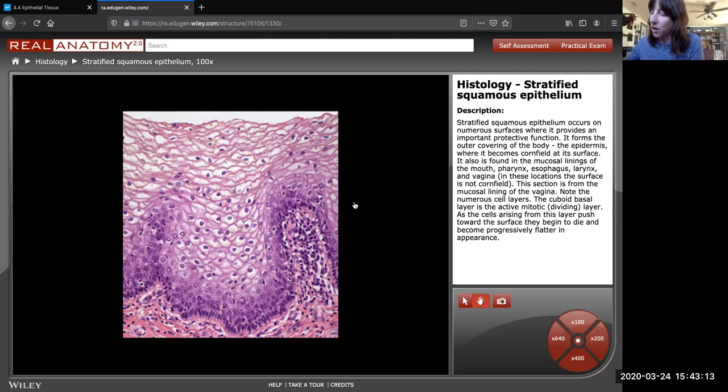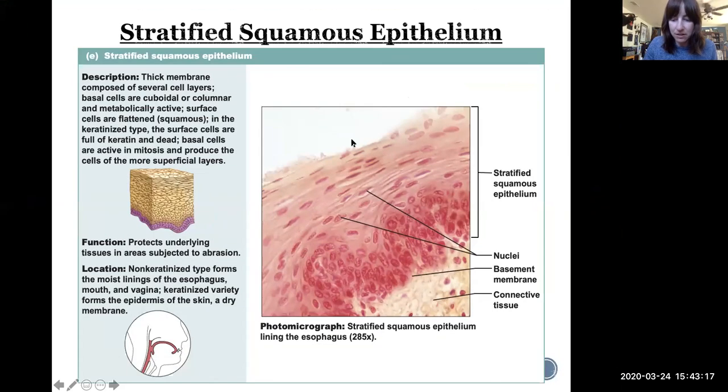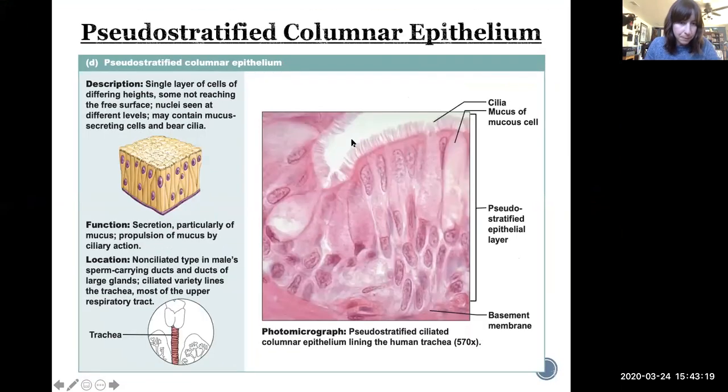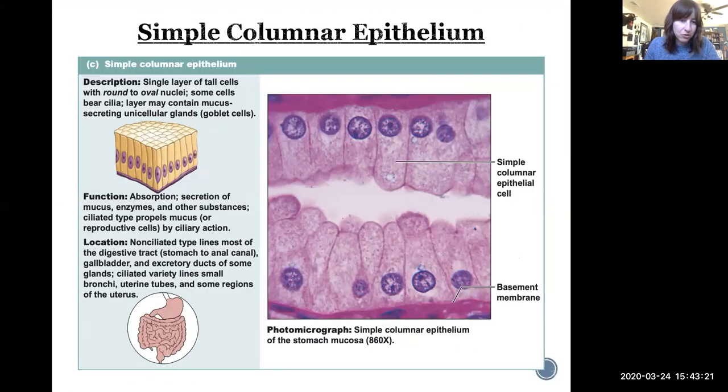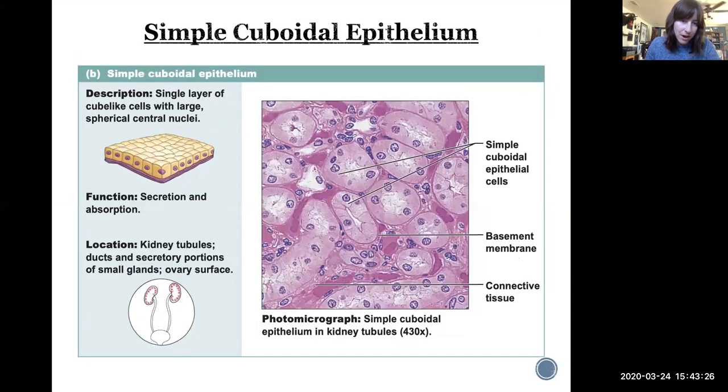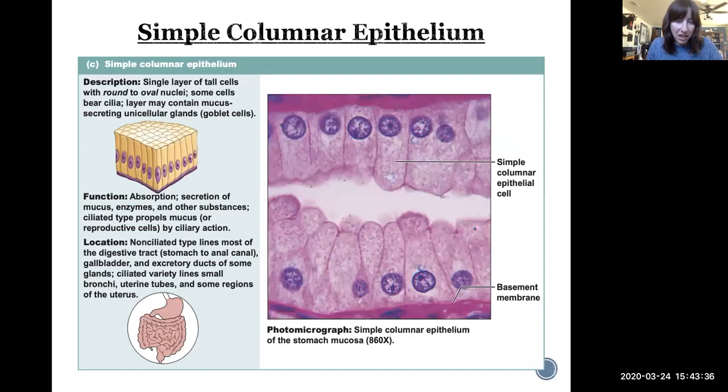Secretion and absorption are both a big thing in both of those types. So let's look again. Secretion for pseudostratified, absorption and secretion for simple columnar, secretion and absorption for simple cuboidal. And you'll find them in similar places, in glands.